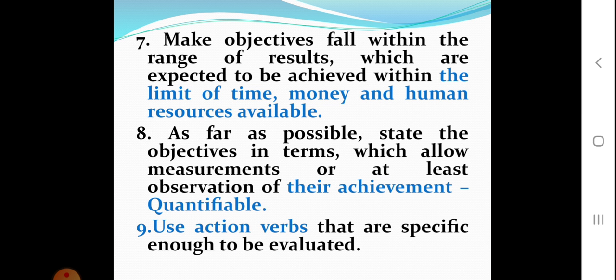The eighth guideline is that as far as possible, state the objectives in terms which allow measurements, or at least observations, of their achievements, quantifiable. The ninth one is use action verbs while framing research objectives.